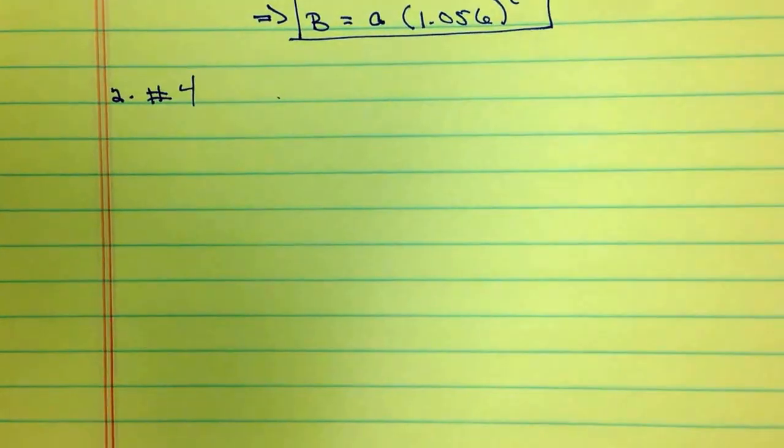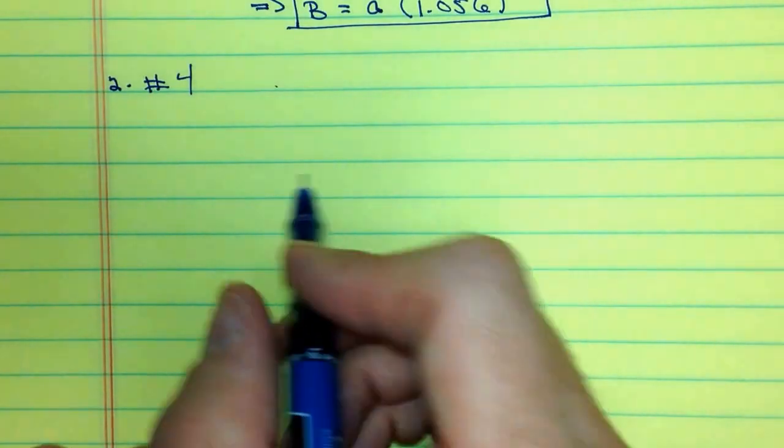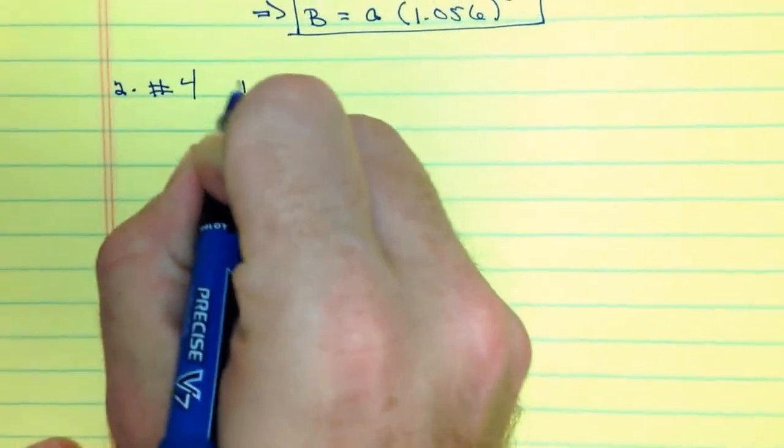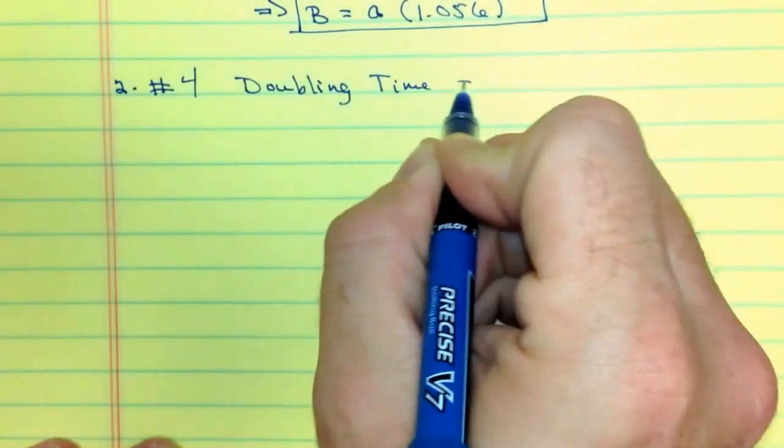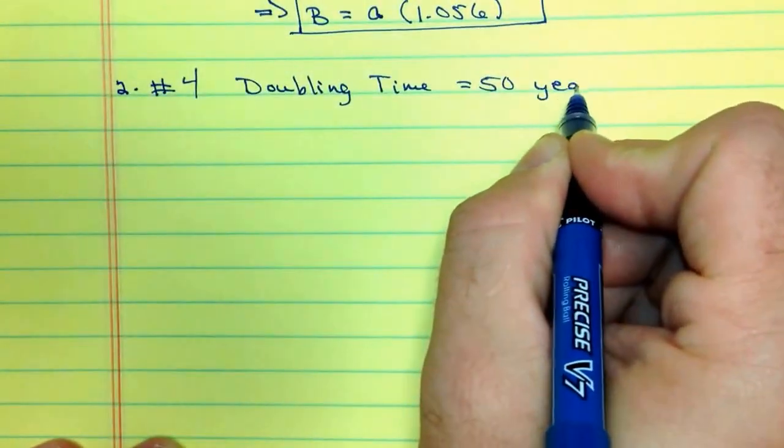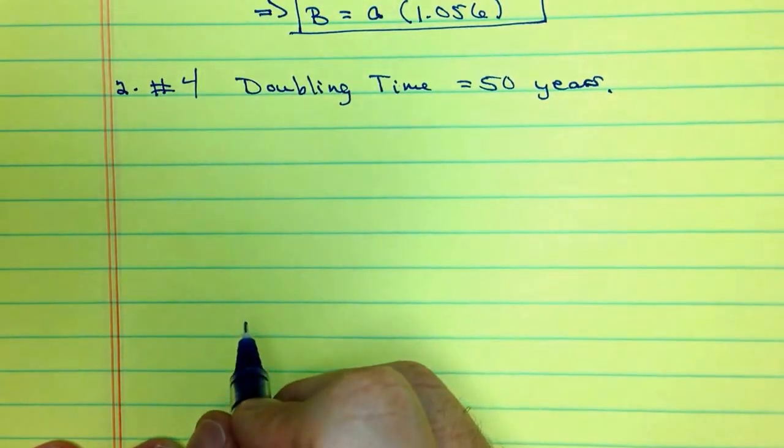All right, so now moving on, let's look at number 4. In number 4, we're given a population's doubling time in years, and we want to find the growth rate per year, not the growth factor, growth rate. So we're told doubling time is 50 years. All right, so we want to find the growth rate.